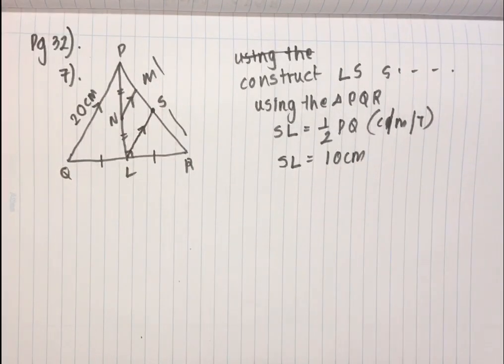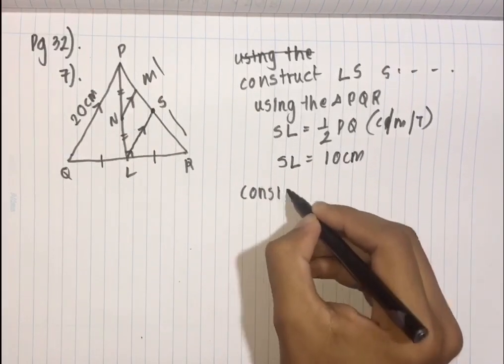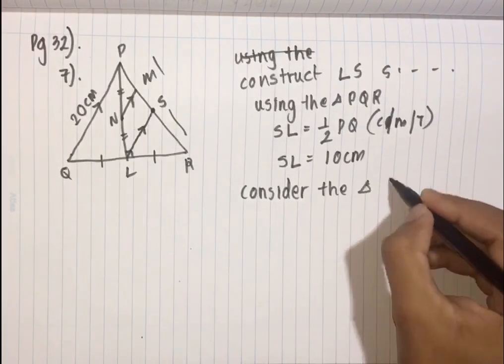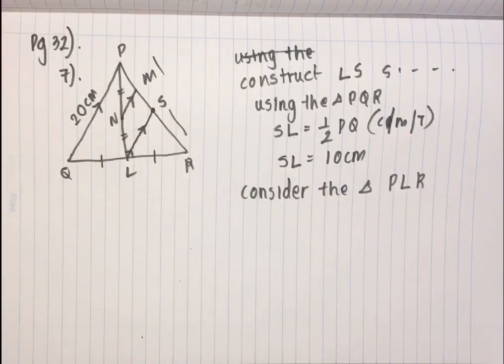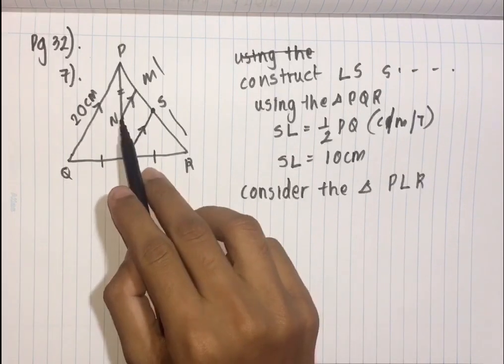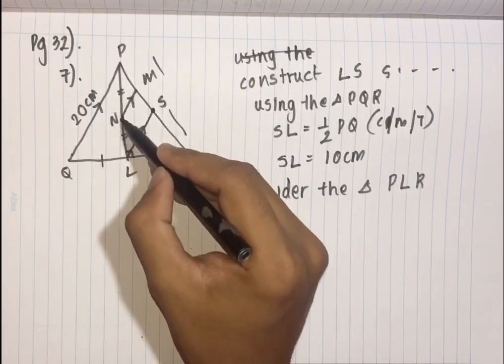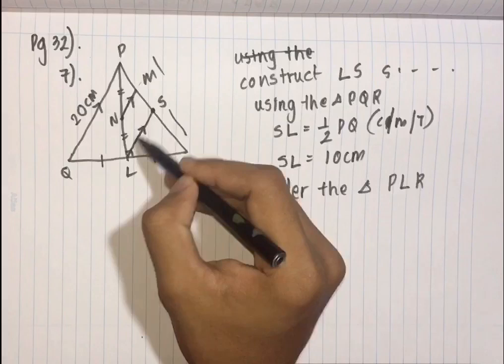Now what is the length you actually need? You need the length of NM. Therefore now consider the smaller triangle on this side. N is the midpoint of this side, right? From this midpoint, this NM line is drawn parallel to LS.